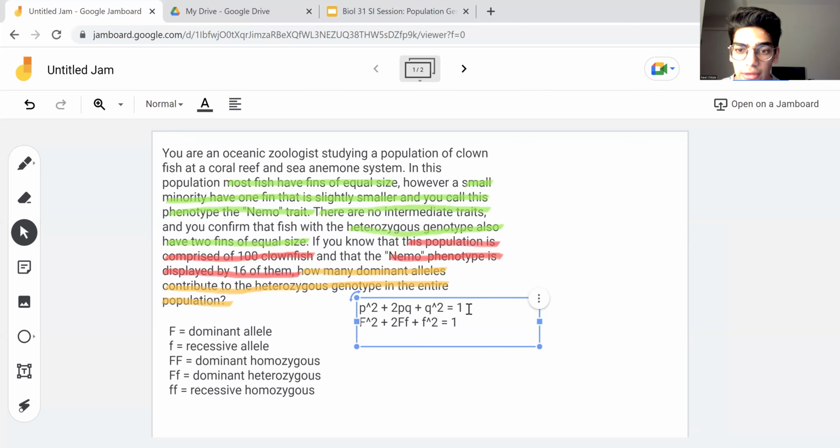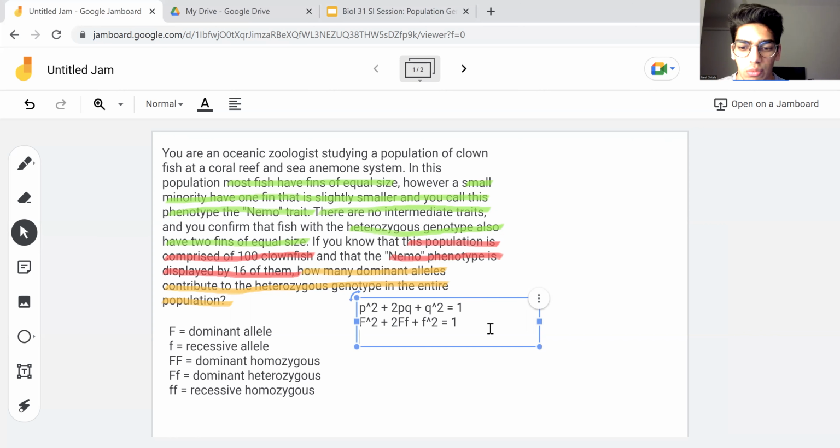Now we can plug in for little f squared. Not 16, because 16 is the number of individuals who display the phenotype, but we have to use the proportion or the frequency. We know this population is comprised of 100 clownfish, so 16 divided by 100 equals 0.16.